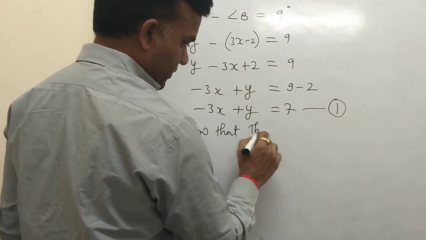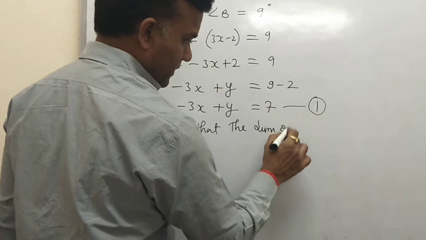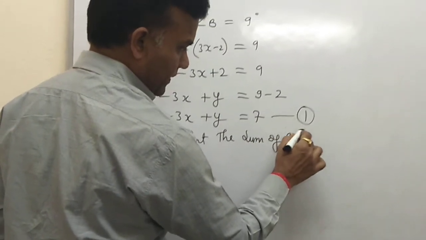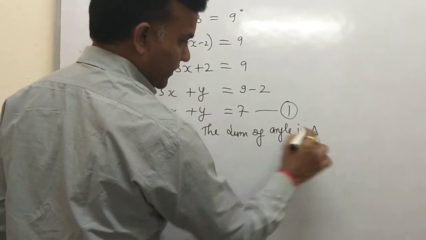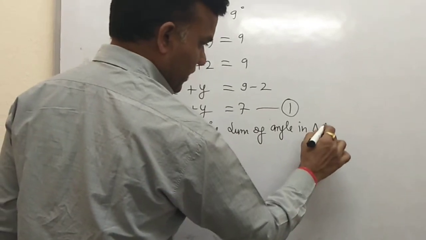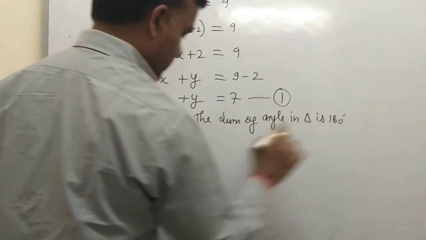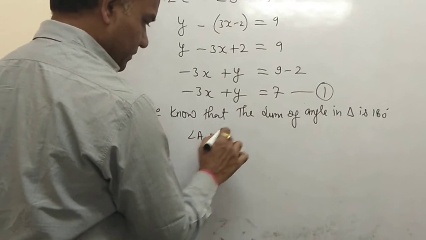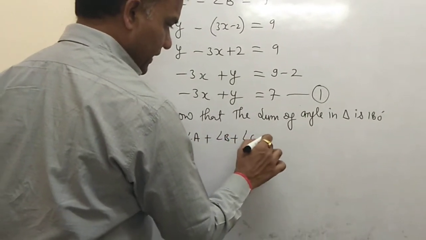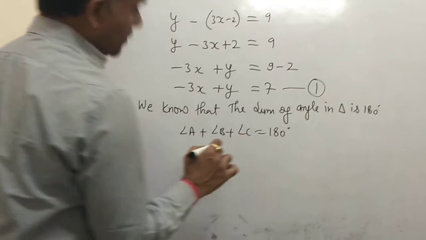And now the second condition, we know that the sum of angles in a triangle is 180 degree. So here we add angle A plus angle B plus angle C equal to 180 degree. What is angle A?